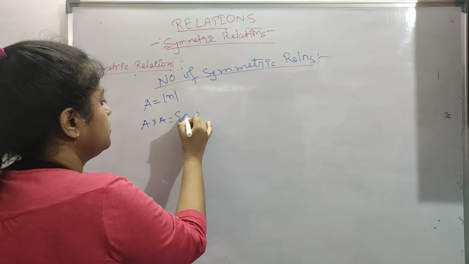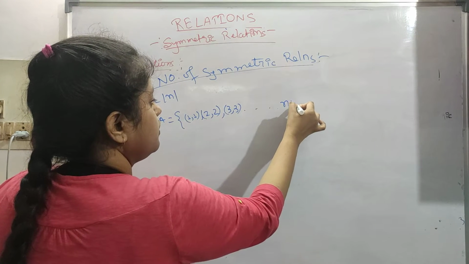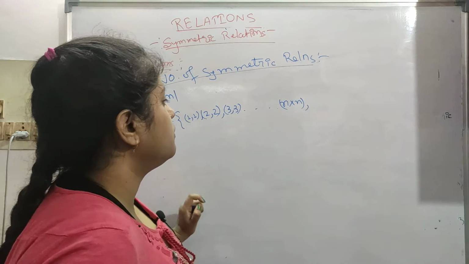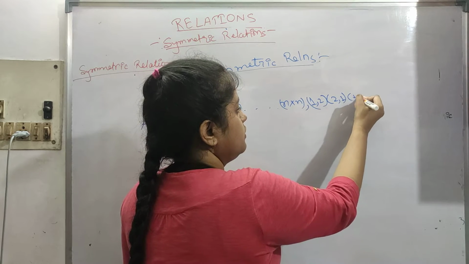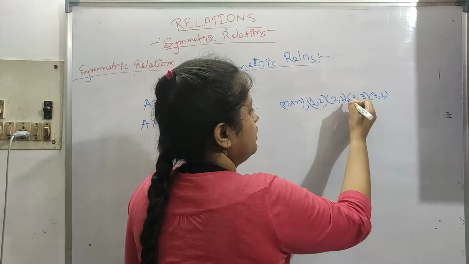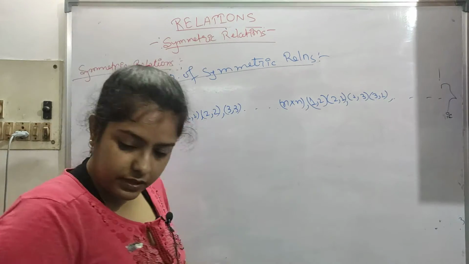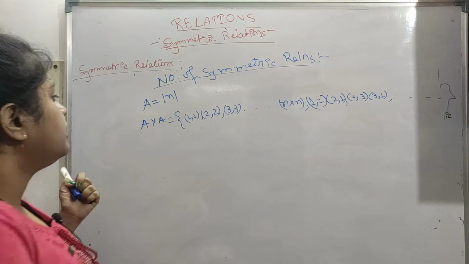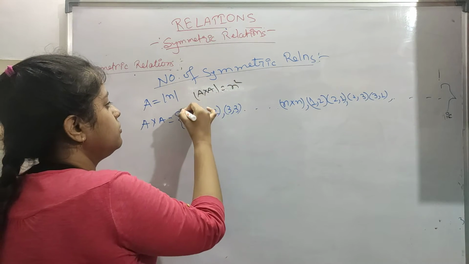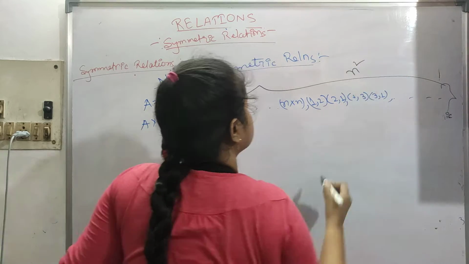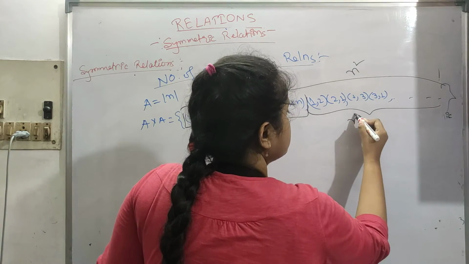Then 1 1, 2 2, 3 3, dot dot dot, let's say n n. Then let's say 1 2 is present, then 2 1, then 1 3, 3 1, like this. So the total is n square, right? A into A will contain n square, so the total is n square. We have seen this a lot of times, and this diagonal part is n. So the remaining part will give you n square minus n.